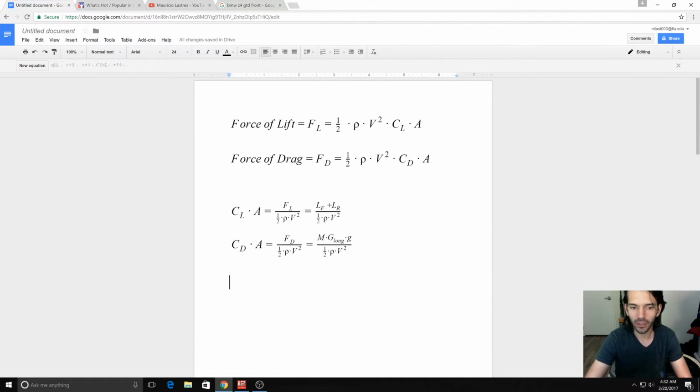So those will be our two main equations. From there we're going to have to calculate what the loads are in the front. The drag is actually a pretty straightforward calculation. We know the mass, we know the G long, obviously that's something that we work with all the time. So you can almost calculate that right away.